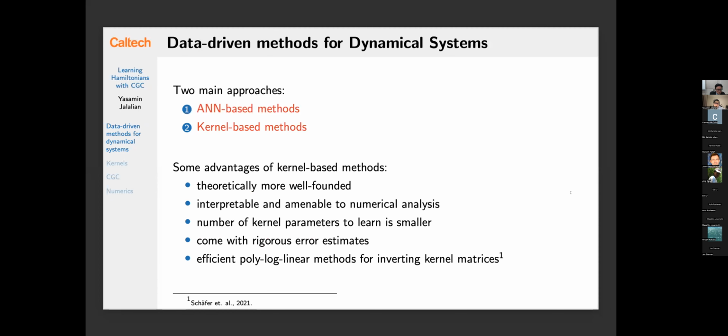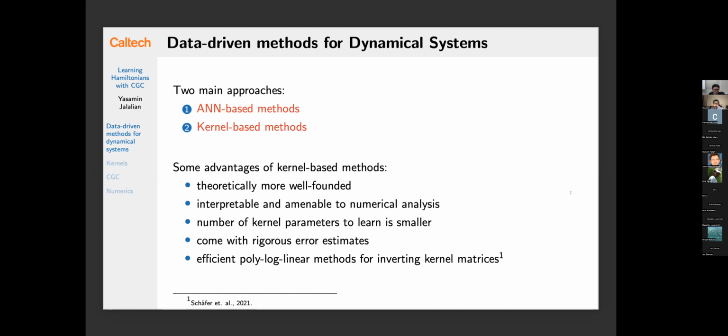Now, the main two approaches to study dynamical systems with data-driven methods are neural network-based methods and kernel-based methods. For the purpose of this work, we are only considering kernel-based methods as they have some advantages over neural net-based methods. First of all, they're theoretically more well-founded. They're also interpretable and amenable to numerical analysis.